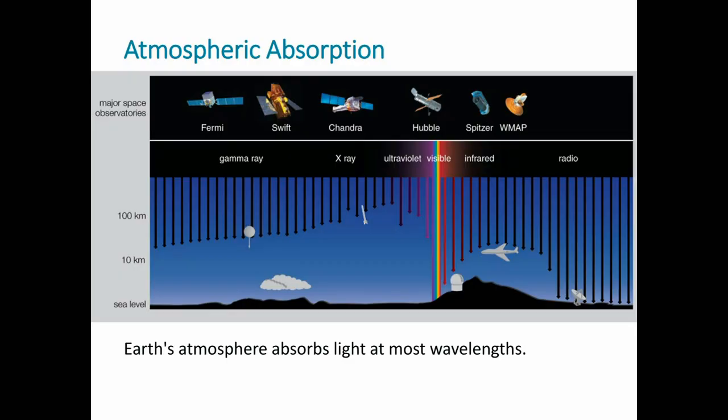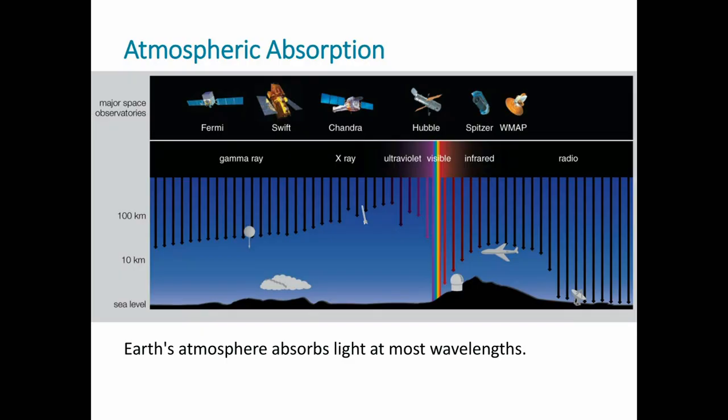But if you want to study those higher energy photons, you're going to need to launch some kind of satellite into space in order to study them. So Fermi, Swift, and Chandra are all high energy space-based telescopes that we've launched.